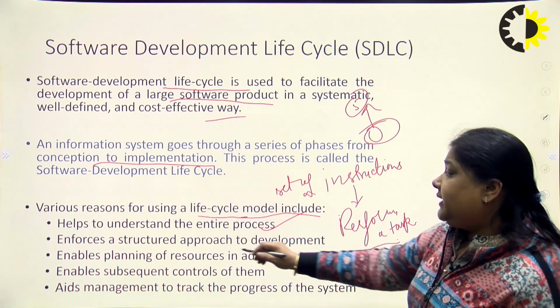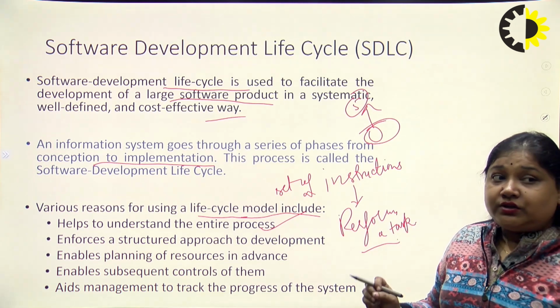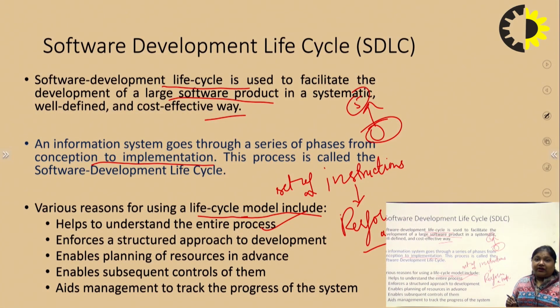It enforces a structured approach to development. It enables planning of resources in advance. If we know that we have to follow this type of approach, and we have these types of resources, we can plan accordingly. It also enables subsequent control of them, and it aids management to track the progress of the system.